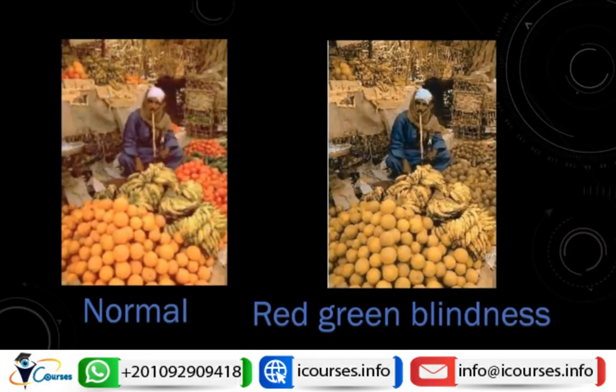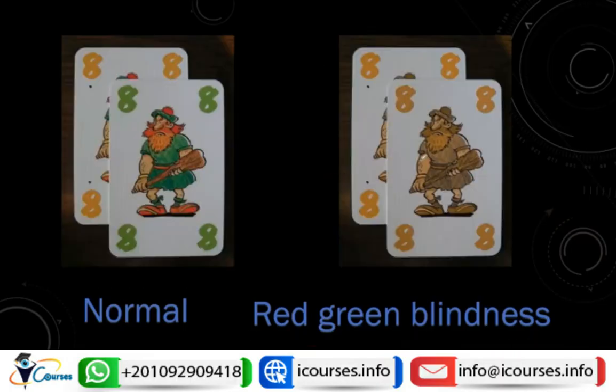Again, this is the normal, and this is the patient who has red-green blindness. So he cannot see the red, he cannot see the green. This is how he actually sees. Again, this is the normal, this is the red-green, how he sees. So this is the dichromacy.